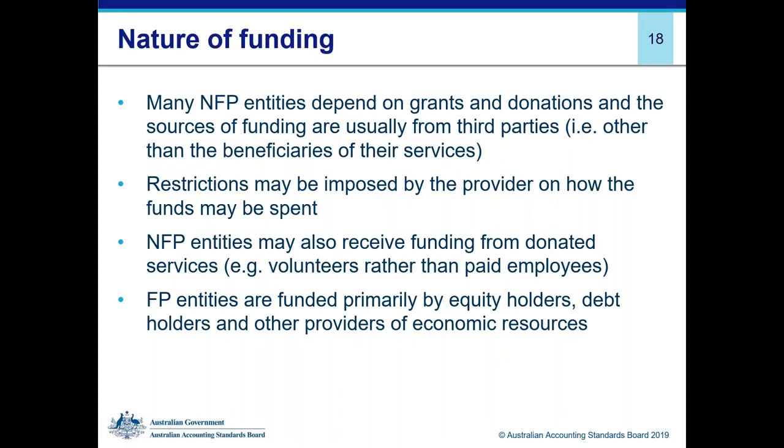Restrictions may be imposed by the provider on how the funds may be spent. Not-for-profit entities may also receive funding from donated services, so you may have volunteers rather than paid employees. Contrast that with for-profit entities, which are funded primarily by equity holders, debt holders, and other providers of economic resources.